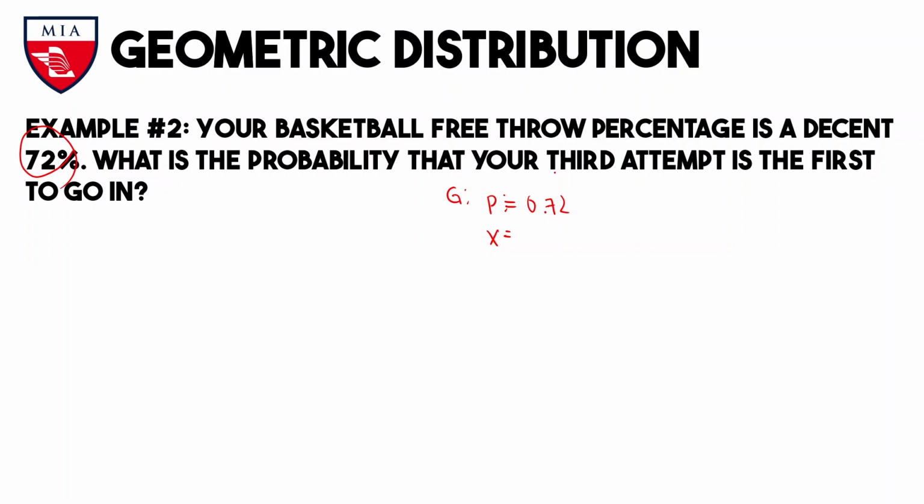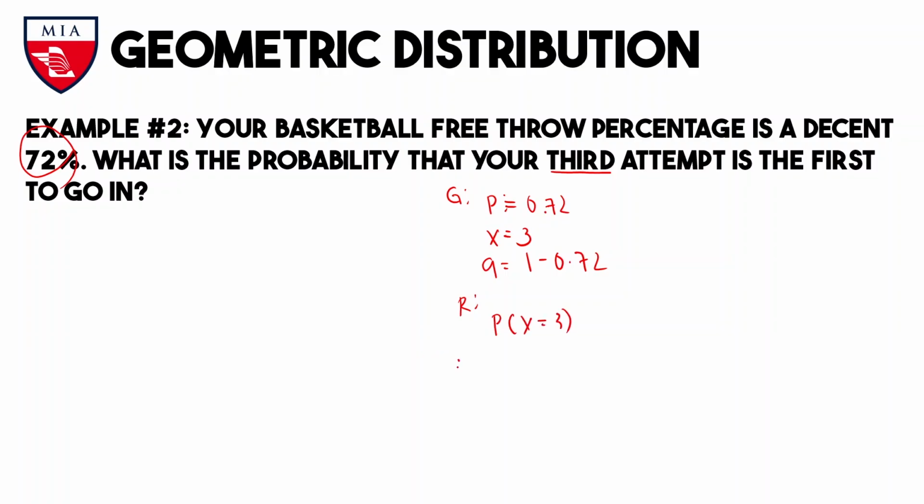We have third attempt, so x is equal to 3, and q is equal to 1 minus 0.72, because always remember that q is always equal to 1 minus p, and we will just substitute the value of p, wherein in this problem p is equal to 0.72. For the required, we have P(x = 3).